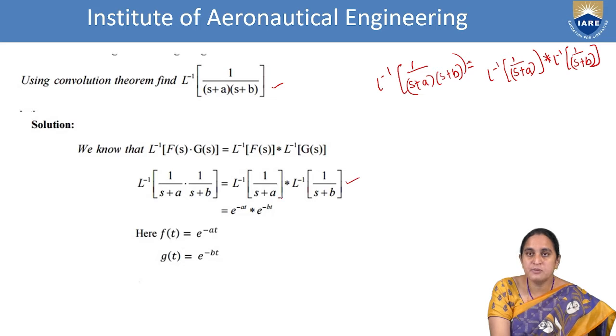From the formulas, Laplace inverse of 1 by s plus a is e power minus at, and Laplace inverse of 1 by s plus b is e power minus bt. Let us assume e power minus at as f of t and e power minus bt as g of t.